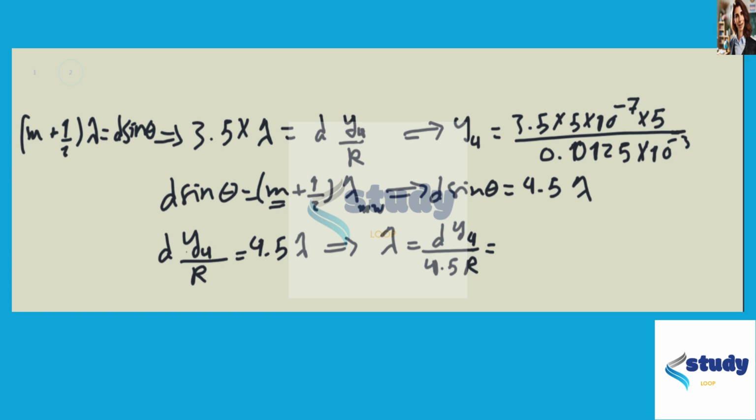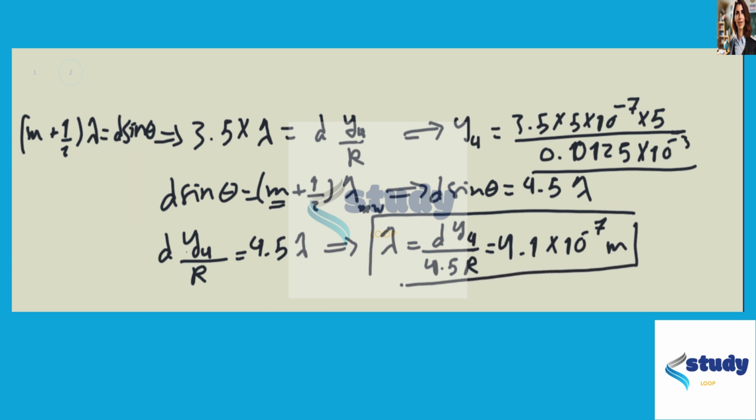So d sine theta is equal to 4.5 times lambda, and then sine theta is again y4 over r because it's at the same position, and then we can get lambda onto one side, so it will be d times y4, which we have here already, over 4.5 times r. And if you just plug in all these numbers on the calculator, you'll find out lambda nu is 4.1 times 10 power minus 7 meters.